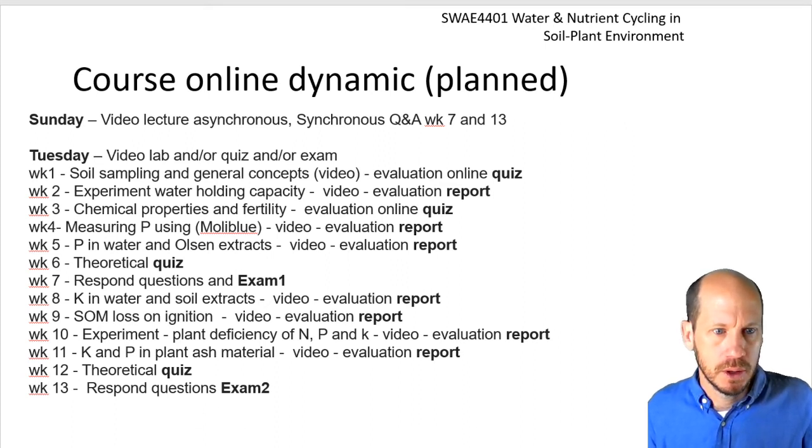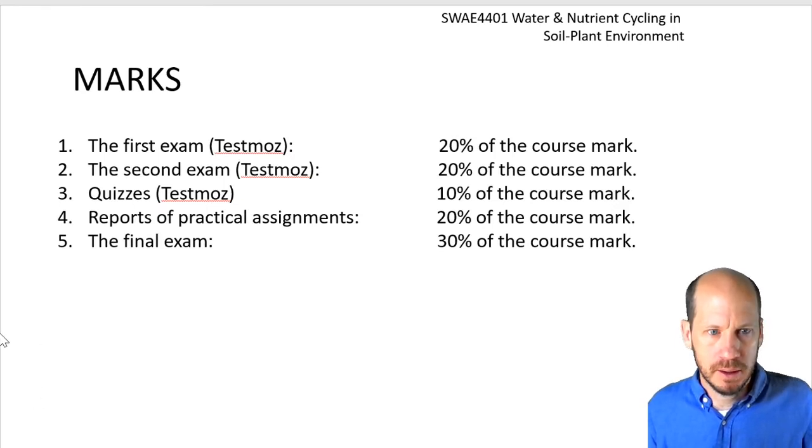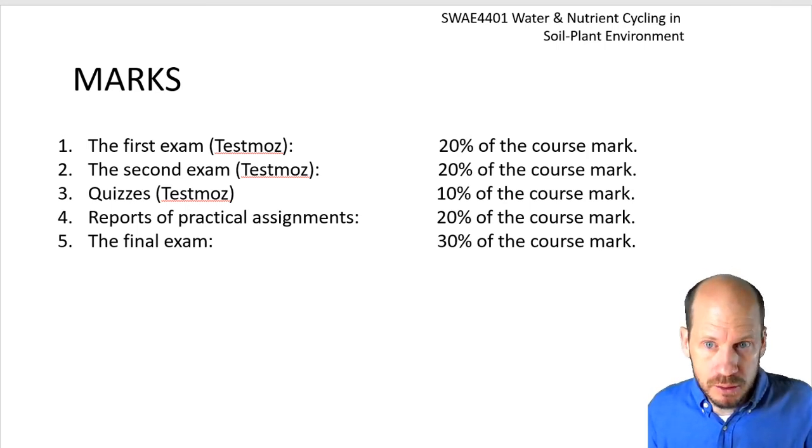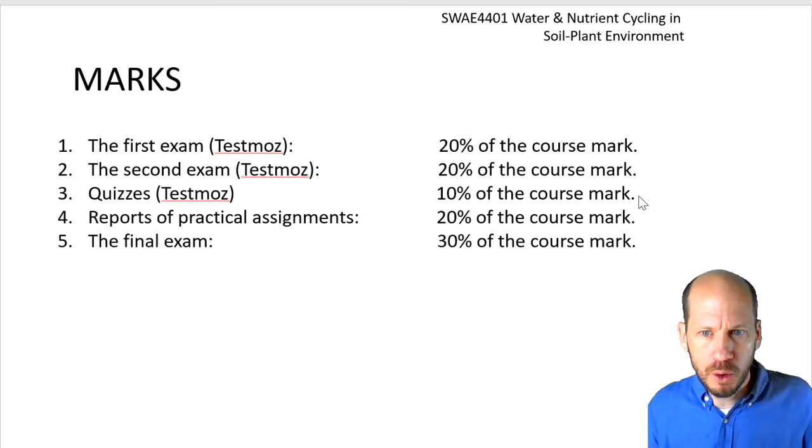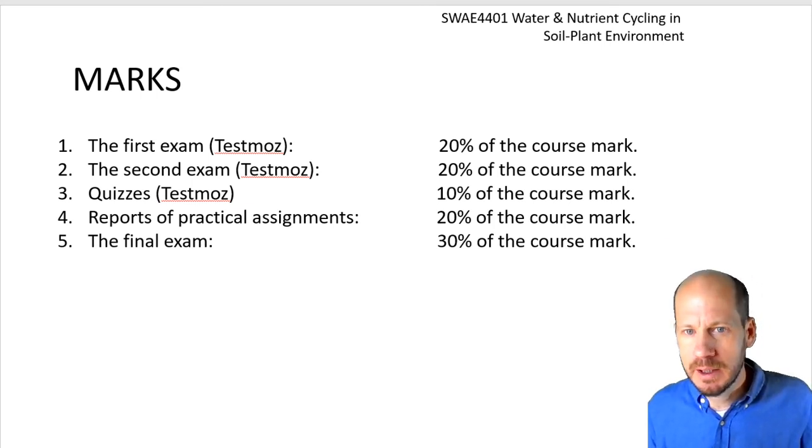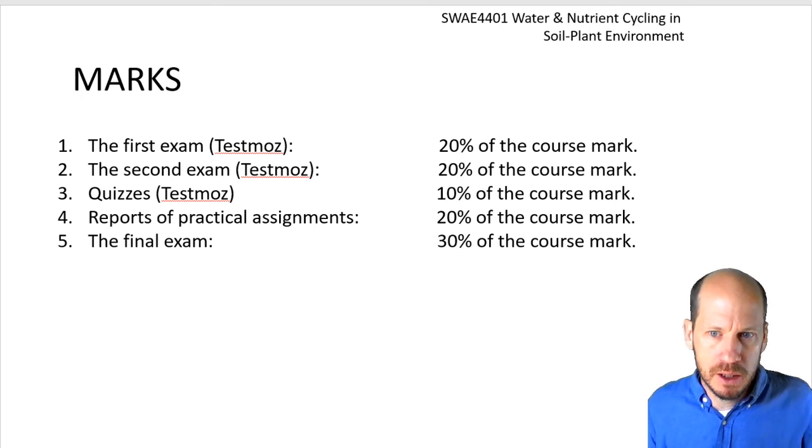About the distribution of the marks: the first exam in Testmos will be 20% of the course marks. The second exam, 20% of the course marks. The quizzes, 10% in total, distributed among all the quizzes. So the quizzes are not very heavy on you, and the majority will be very easy, except the ones that are preparing you for the exam.